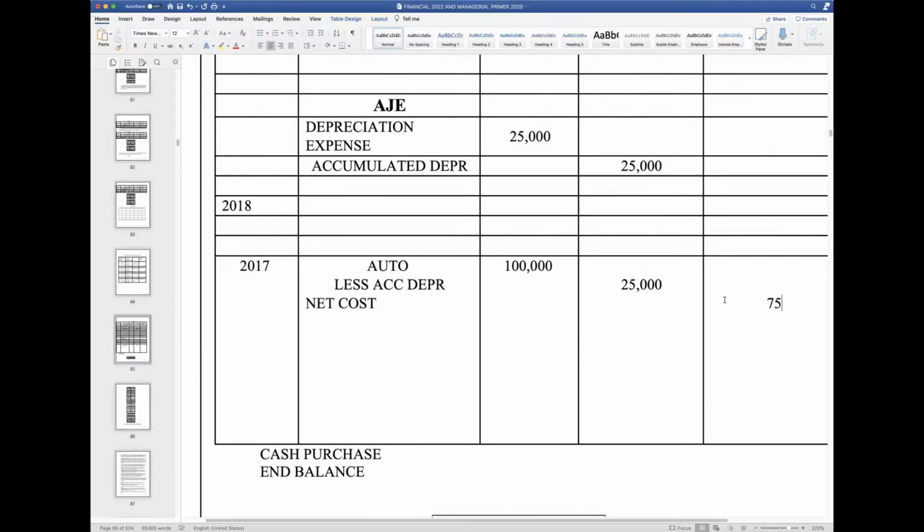So we're just saying that the auto originally cost 100,000. You've taken depreciation of 25,000, so now the net cost of what it's worth is 75,000. That's how it would appear on the balance sheet. Oh, okay.